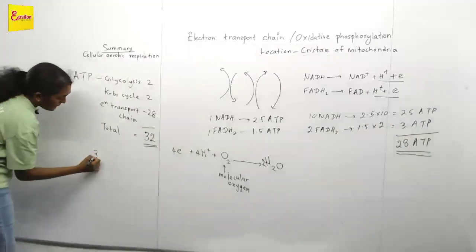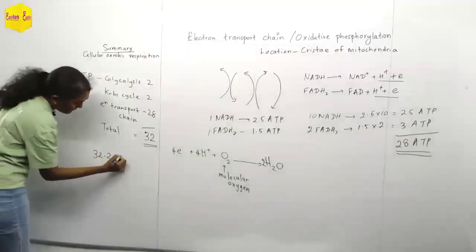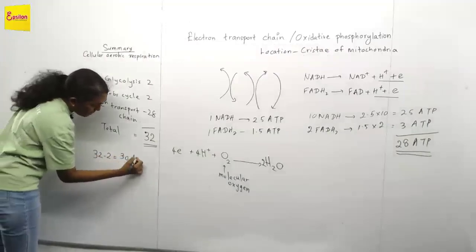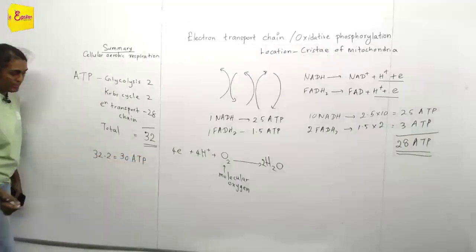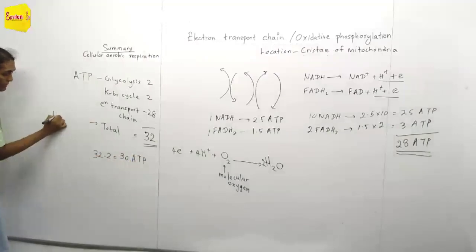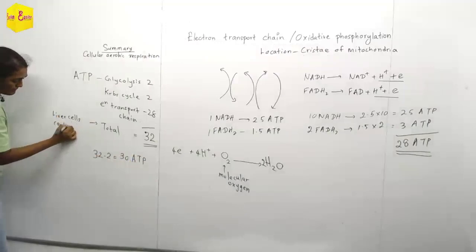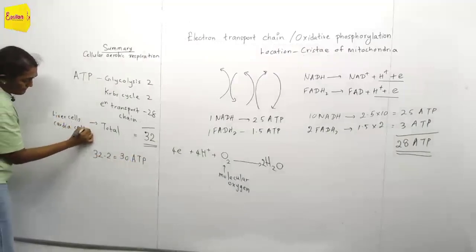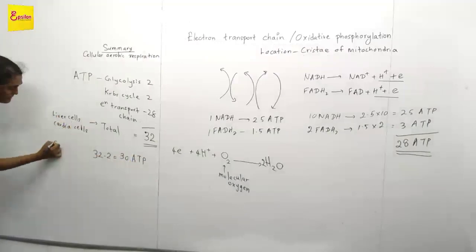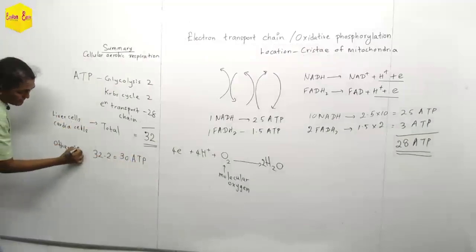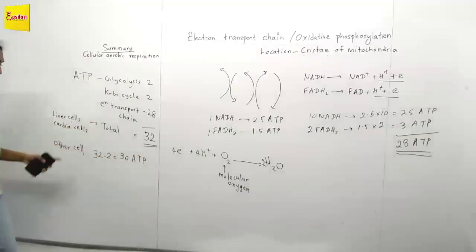Therefore, 32 minus 2 will give 30 ATP in total in other cells, right? So this is for liver cells, cardiac cells, and other cells, this is the total now, right? Write these two also.